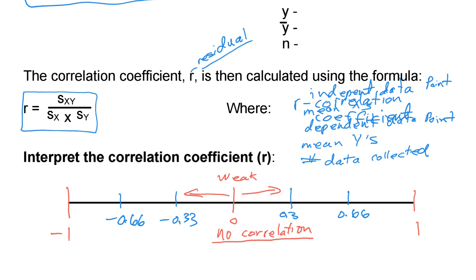Anything that is in between 0.3 and 0.6, we say this is a moderate relationship, and the same can be said on the negative side. Now, if we have something that's ridiculously close to 1, this is a strong relationship.